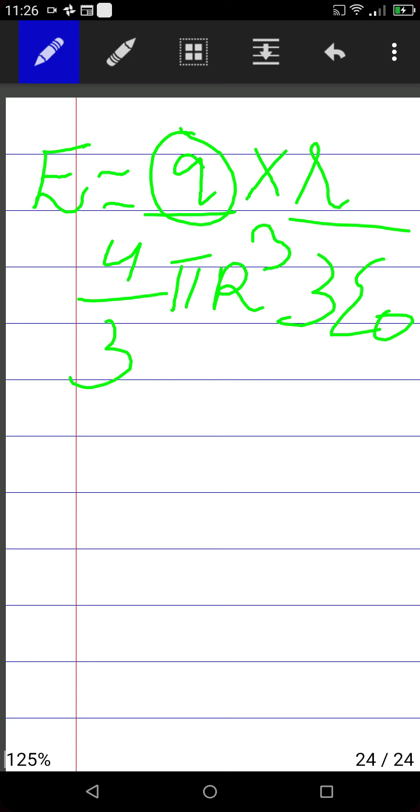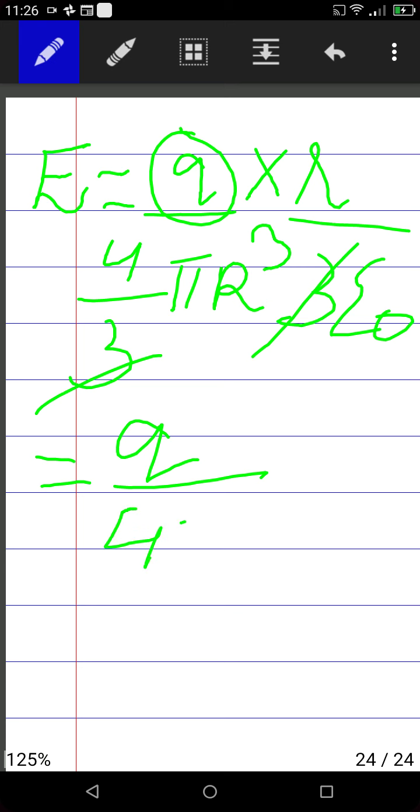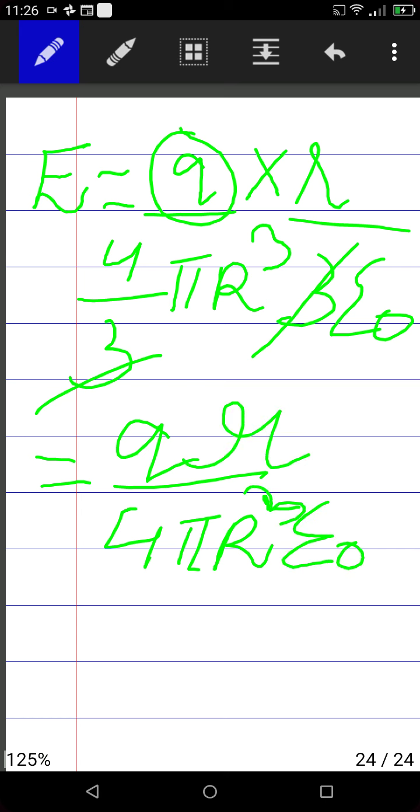Yes, this much we got already. What can we cancel? 3 we can cancel, so E is equal to Q by 4 pi epsilon naught, r cube, and here small r is also present.